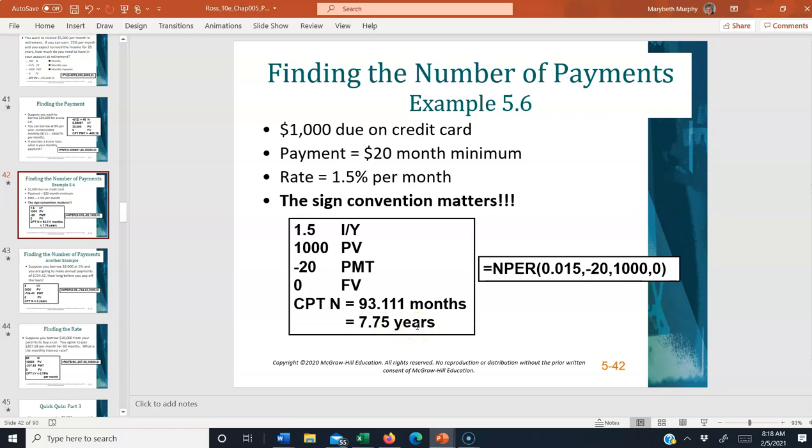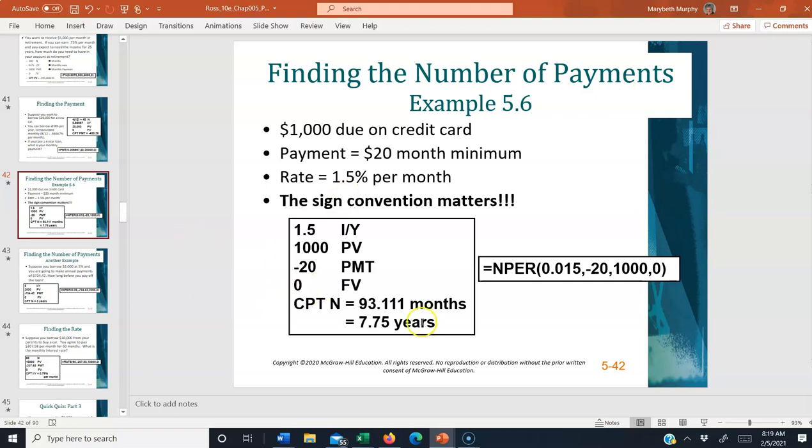Just to show you, I'm multiplying that 93.111 months by the $20 payment, and the total that we would be paying is $1,862.22.